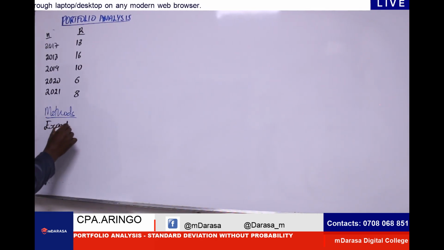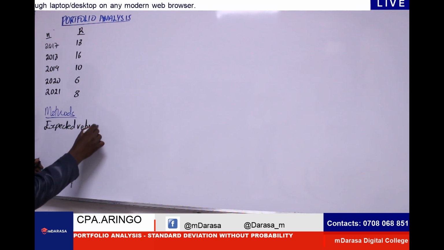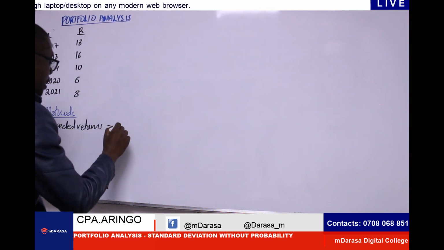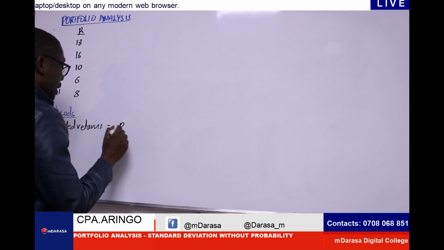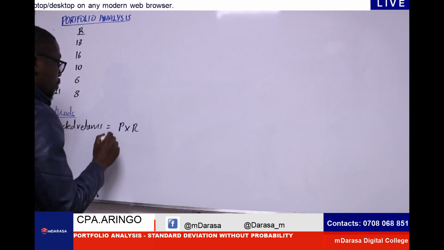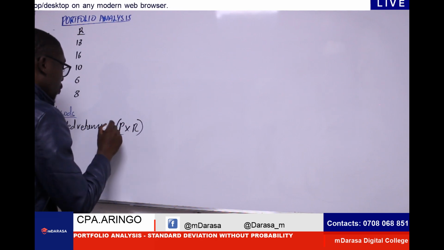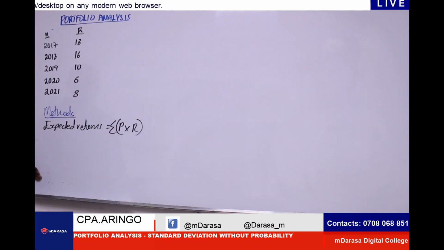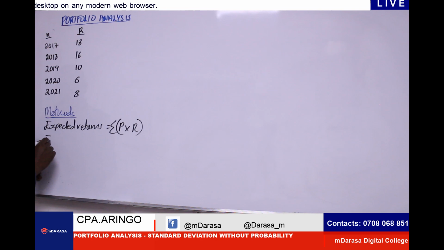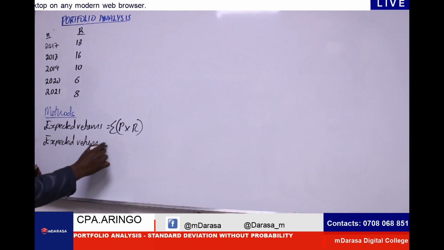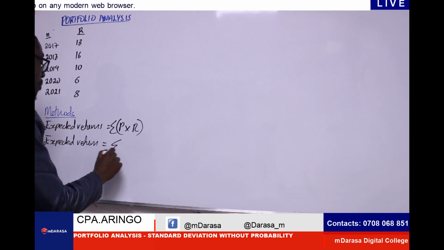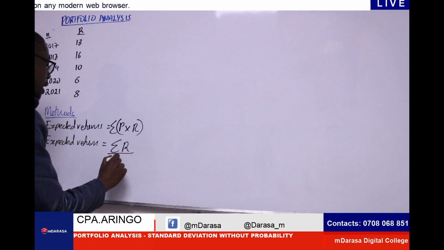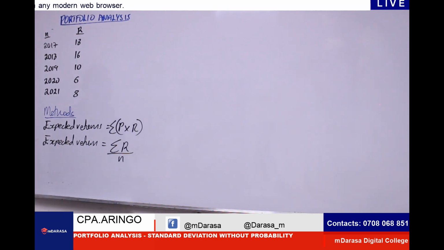To determine the expected returns, you're looking at a case whereby we are talking about probability times return, then we sum it up. In the event that you are not given probability, it will be upon us to determine the summation of our total returns and divide by our n value.